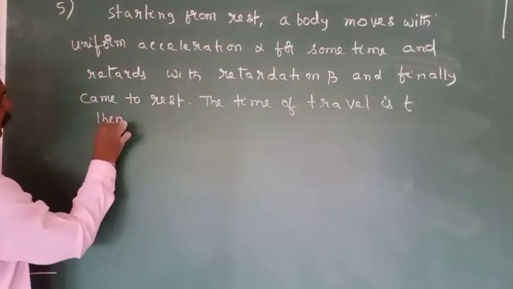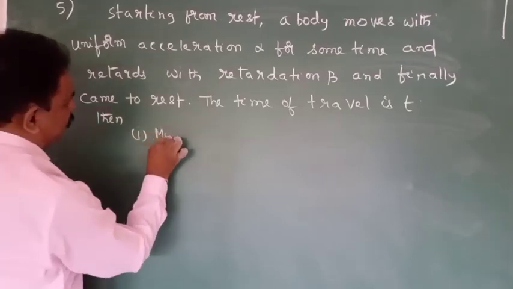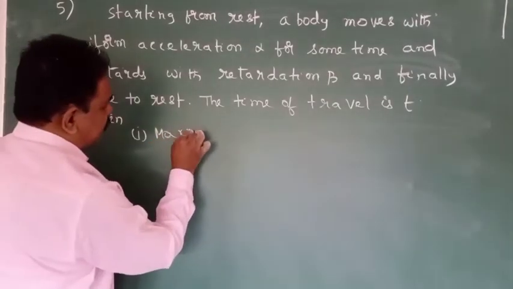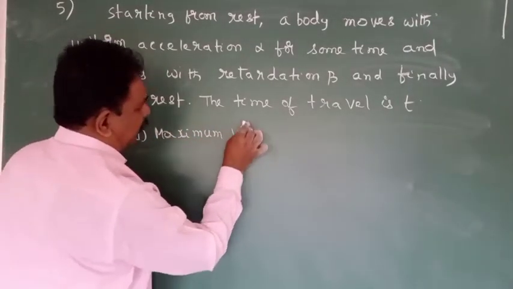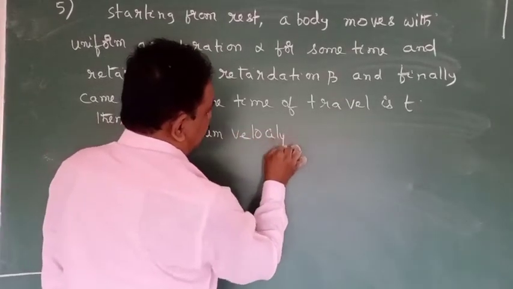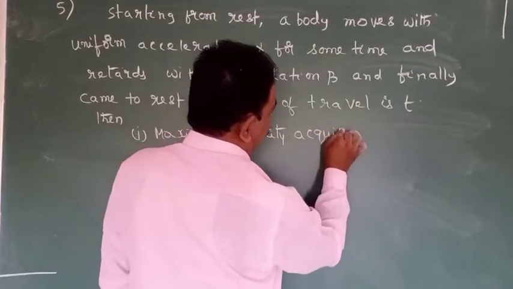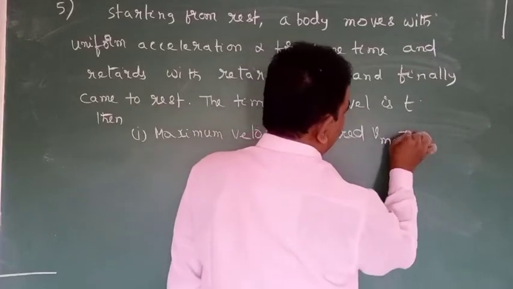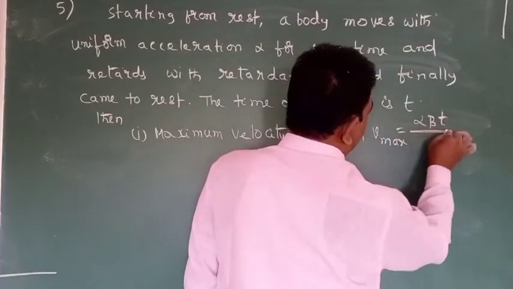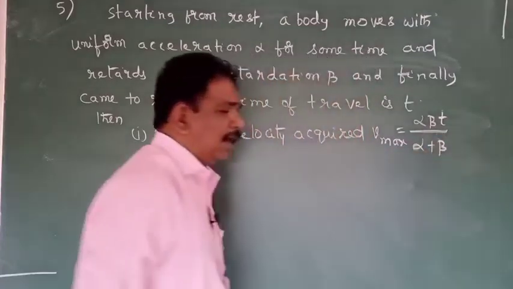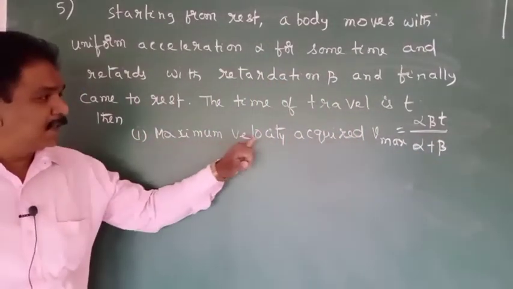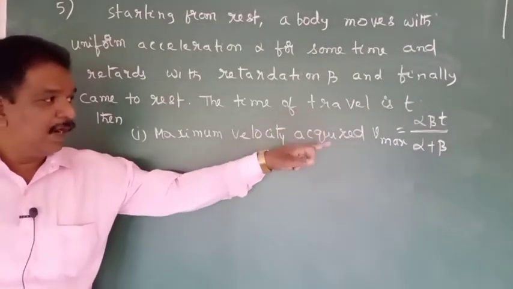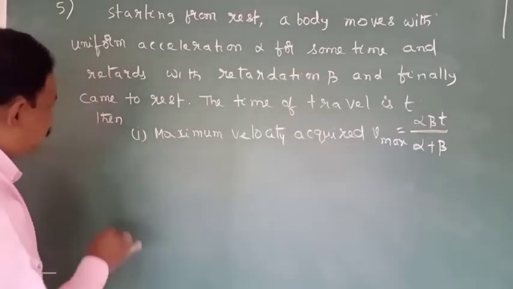Then one, maximum velocity acquired: V max is equal to alpha beta t by alpha plus beta.